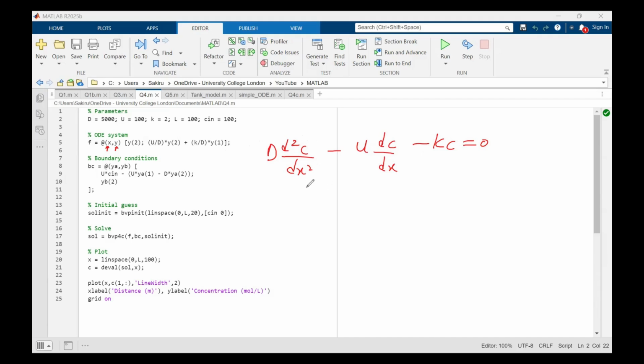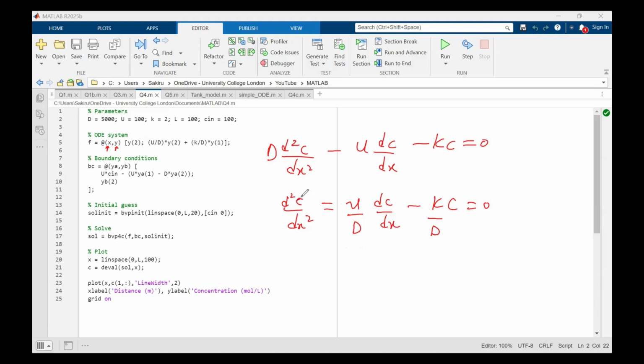If I rewrite this problem, I'm going to have d squared c dx squared equals u over D dc dx plus k over D c. Again, you cannot solve this directly. You have to decompose these into first order.